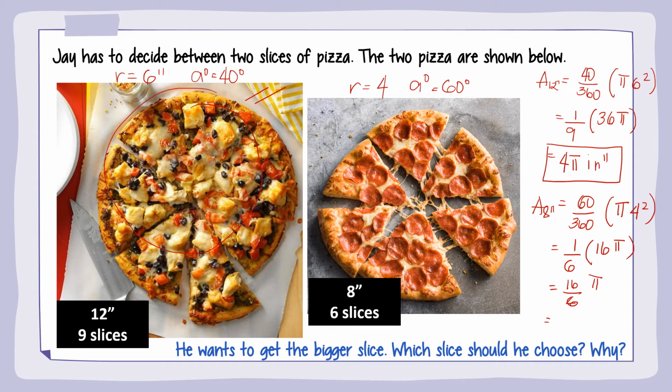I-lowest term natin. Or in decimal, i-simplify ko na. 16 divided by 6 is 2.7 pi inches squared. So, ito ang area niya. Now, which of the two? Okay. Jay must choose the first pizza, 12 inches in diameter na merong 9 slices.